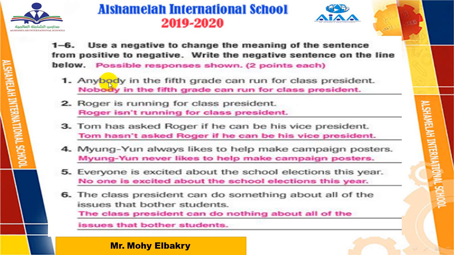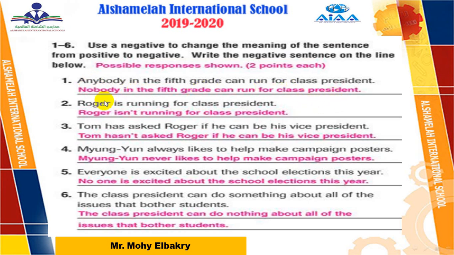We have some words we can change into other words to change the sentence from positive into negative. Anybody would be nobody, anyone or someone or somebody would be no one or nobody, and so on. So instead of any or some or every, we use no. Okay, understood? So nobody in the fifth grade can run for class president.